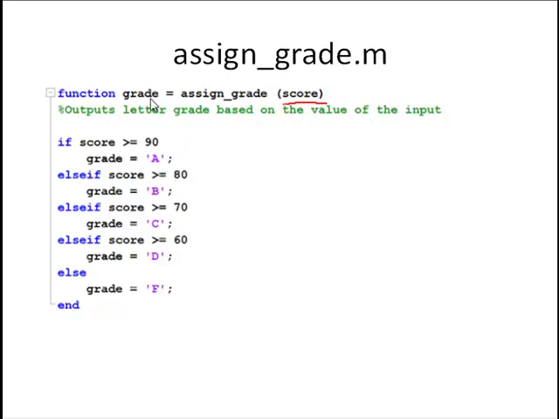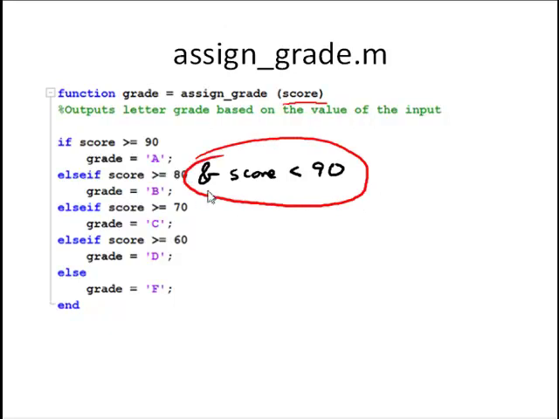Notice that because we're using the else if here, we don't need to say something if the score is greater than or equal to 80 and score less than 90. We don't need this to complete that test for the B grade. We don't need that because we're using the else if.